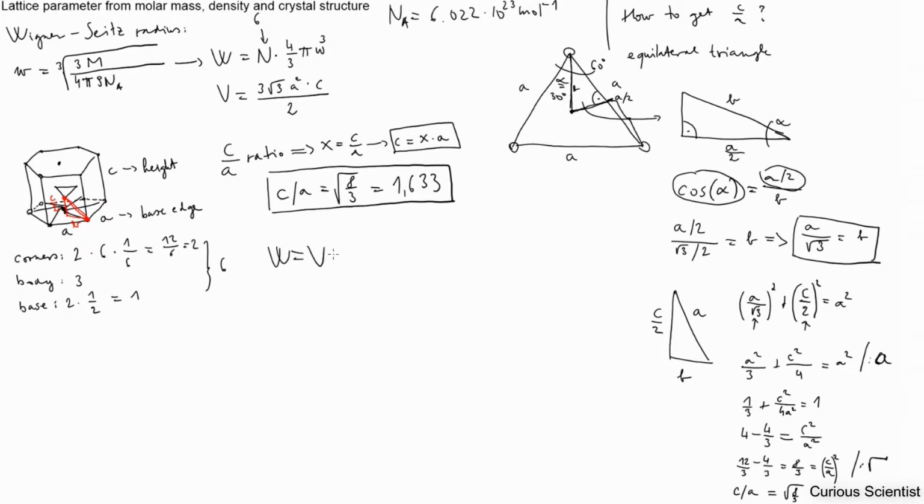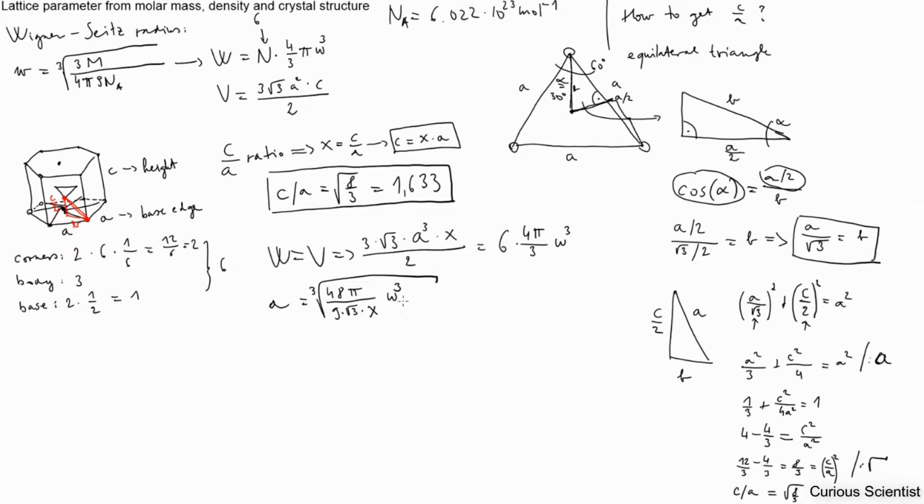So W equals V, so that is 3 times square root of 3, and then we use this x equals C over A. So A to the third power times x divided by 2, and then this equals, now we know that there are 6 atoms, 4 pi, and we just rearrange everything and express A. So this is 48 pi times 9 times square root of 3 times x, which is the C over A, and then the third power of the Wigner-Seitz radius.